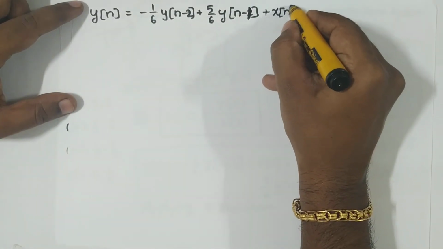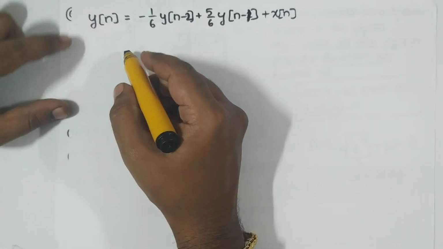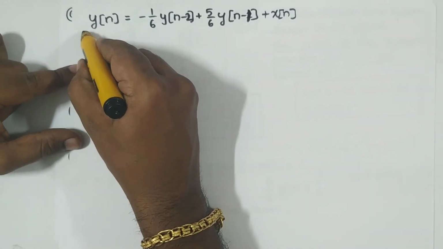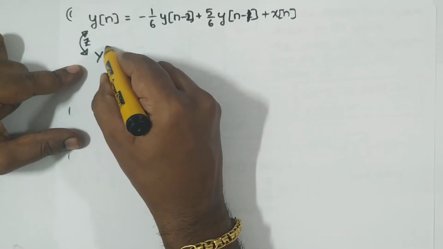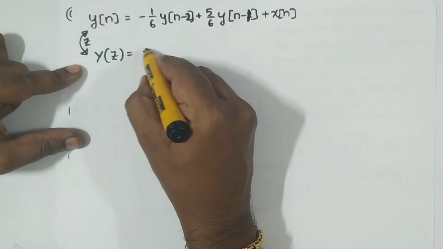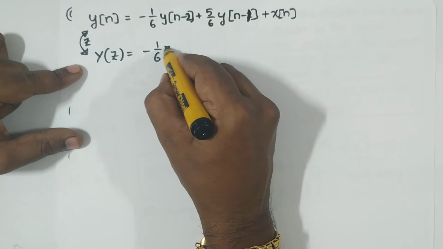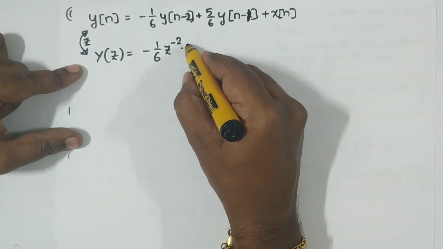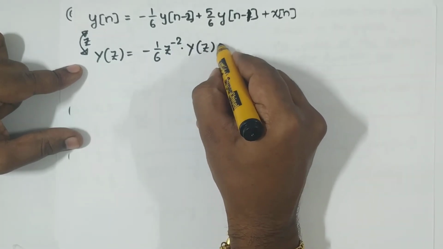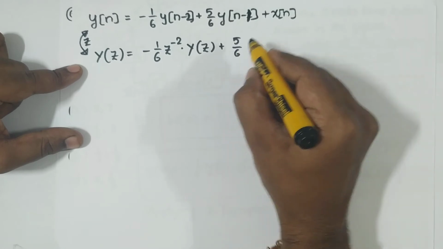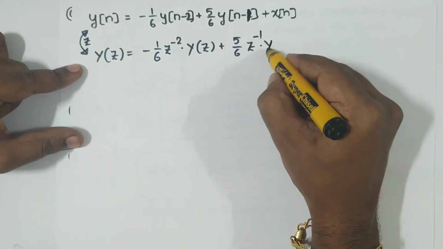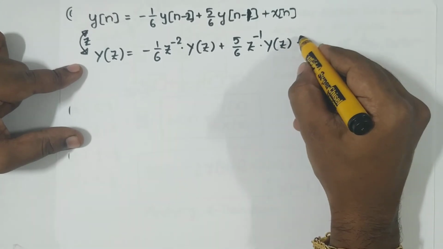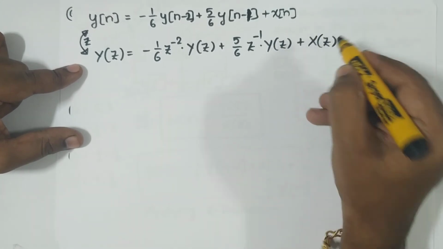Now just apply the Z transform. We get Y of z equals minus 1 by 6 z power minus 2 Y of z plus 5 by 6 z power minus 1 Y of z plus X of z.